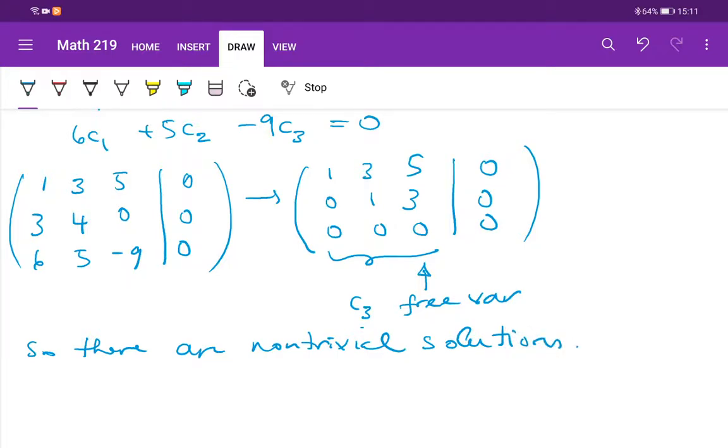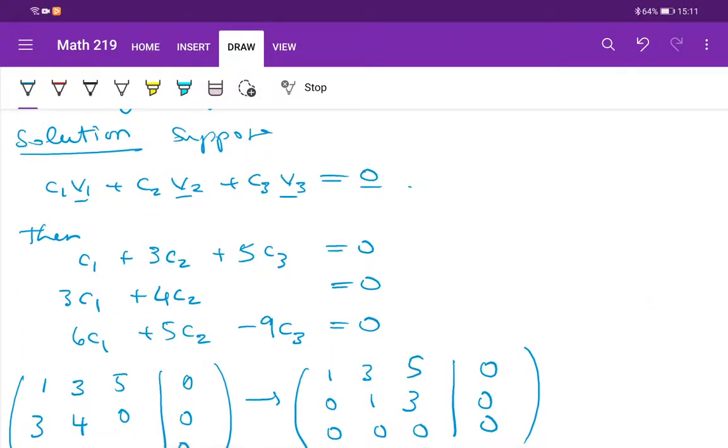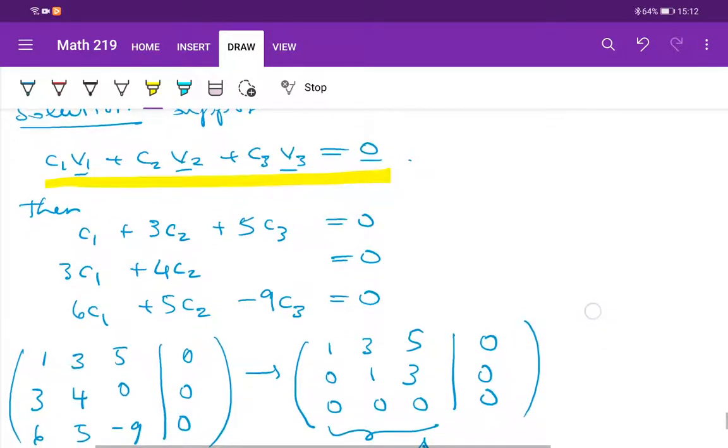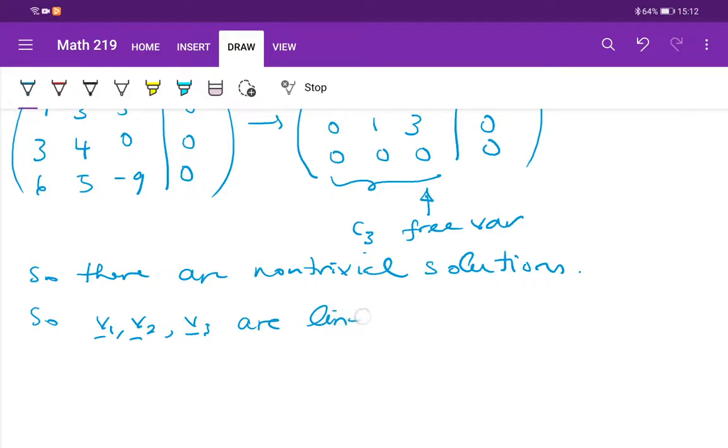And what does that mean? We can have solutions where not all of c1, c2, and c3 are 0 in this equation. So this means that v1, v2, v3 are linearly dependent.